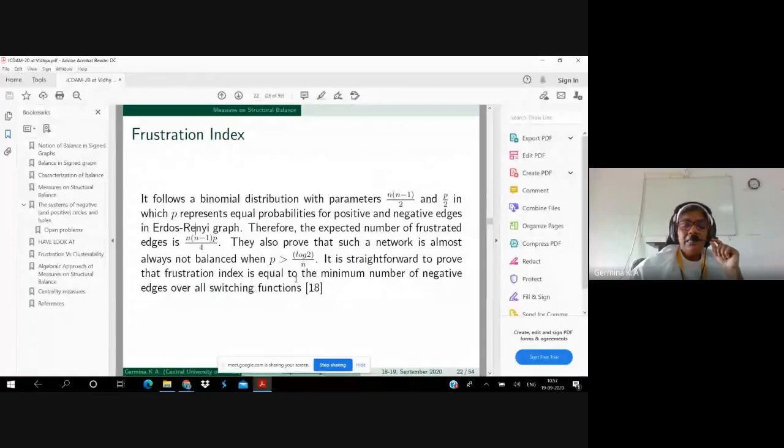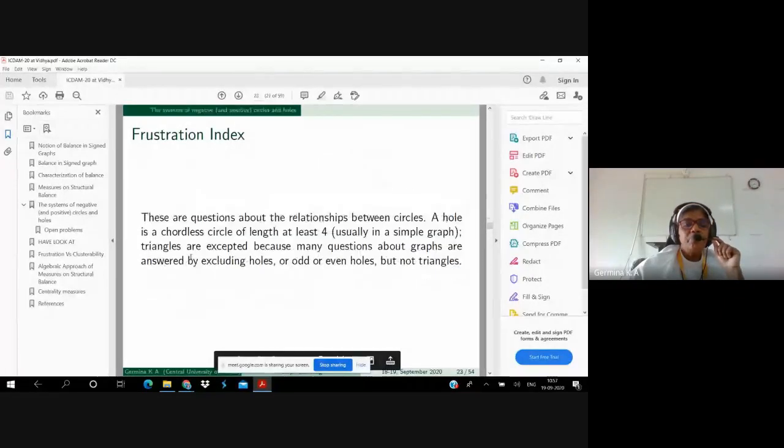It plays a very important role in the theory of balance in this respect. So some questions we can ask about. These are the questions about the relationship between circles. A hole is a chordless cycle of length at least 4, usually in a simple graph.